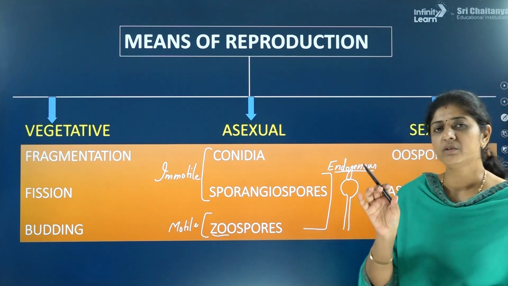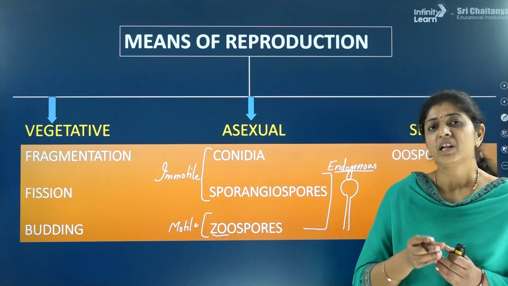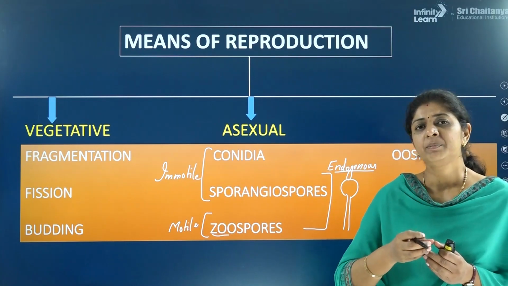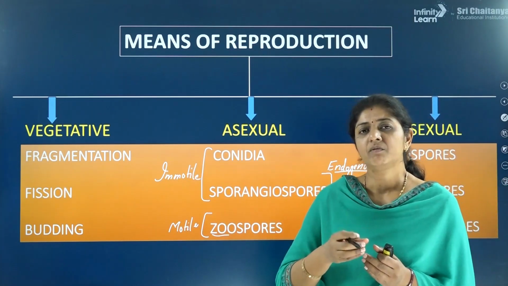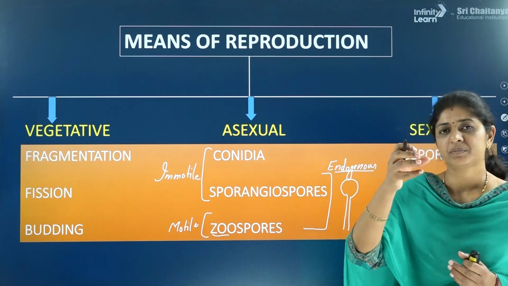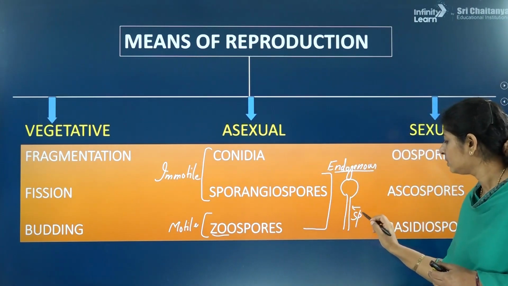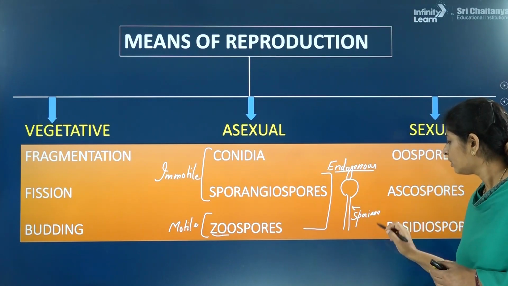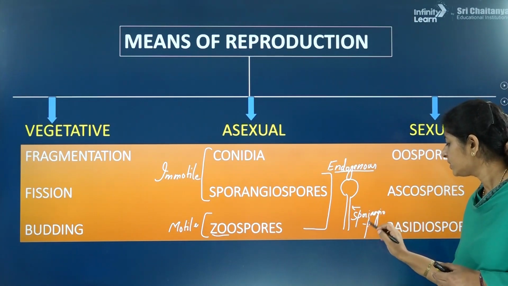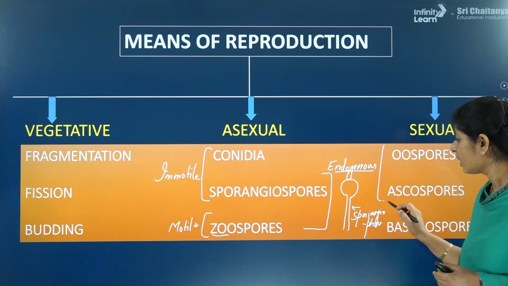Sporangiophore, P-H-O-R-E. Phore means the filament, or the hypha which bears that sporangium. That hypha you call sporangiophore. Are you getting that?